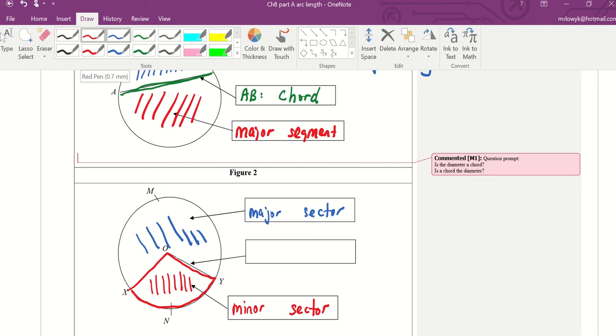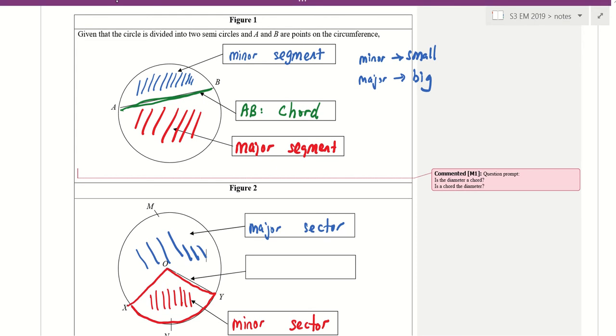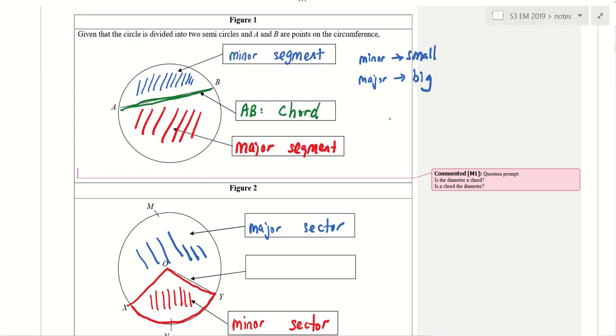Oh, okay. How do you differentiate between a segment and a sector? Okay, so a segment is, can you write down? Segment is created by a chord.